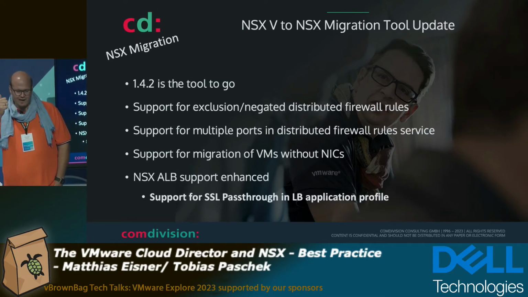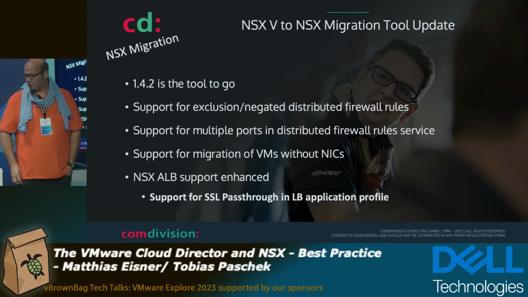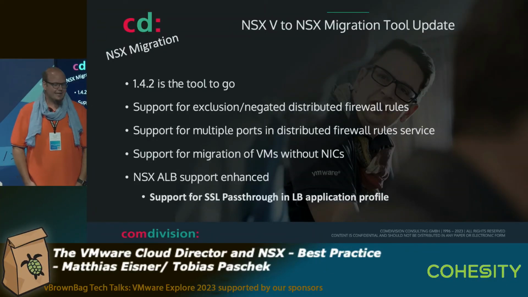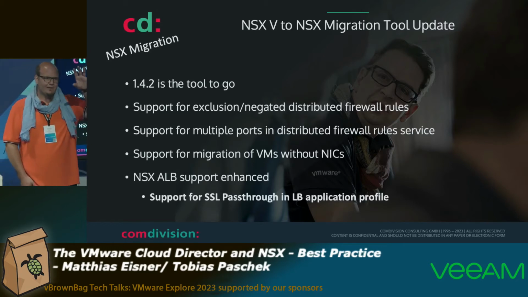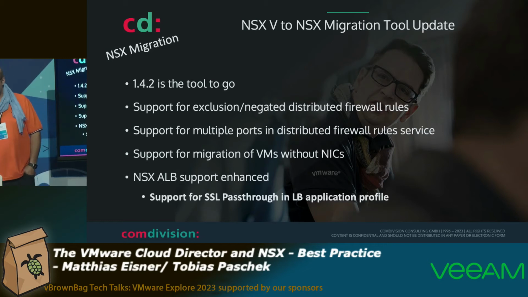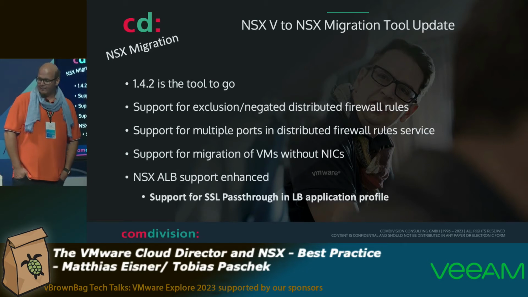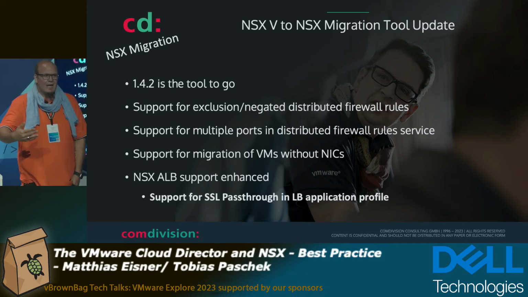Why? We have now finally got support for exclusion in the firewall rules, or also for negated sources in the firewall rules. We can now have firewall rules with multiple ports, which was a full mess before, as we were not able to migrate firewall rules with multiple ports in the same rule set. We have support for migration of virtual machines without a network interface.